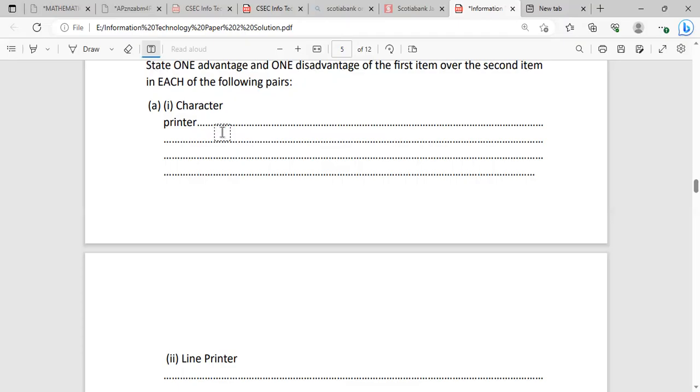So read it again. State one advantage and one disadvantage of the first item over the second item in each of the following pairs. One advantage of the character printer is that it is cheaper than the line printer.